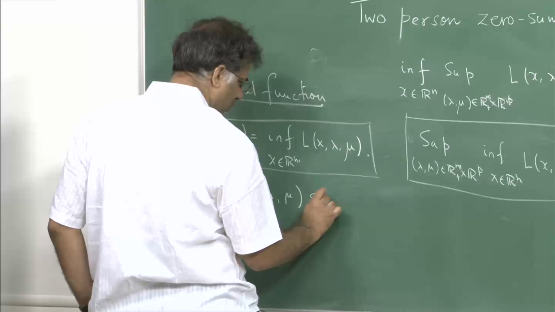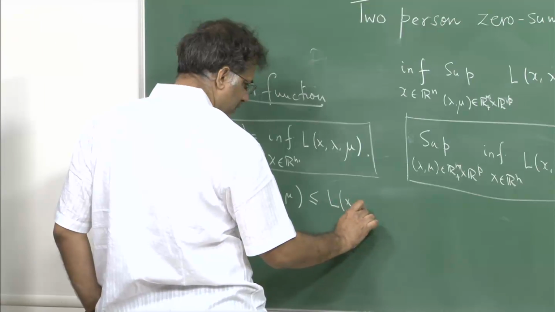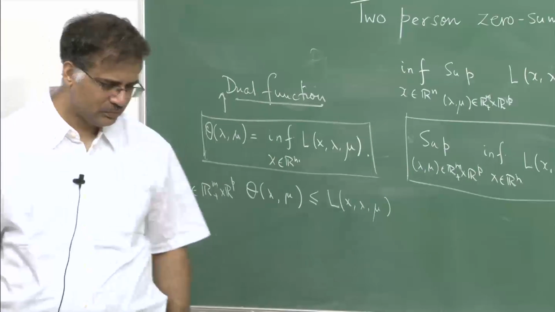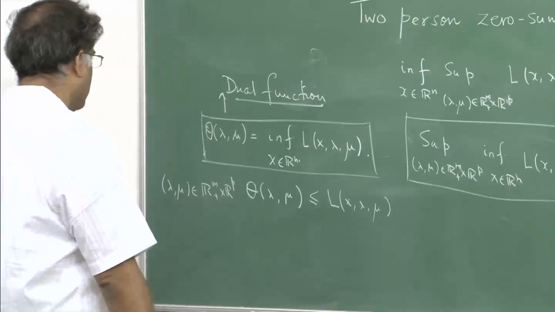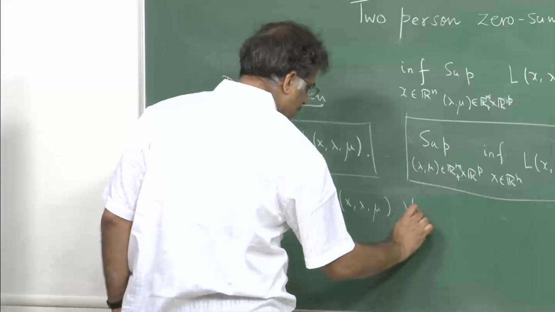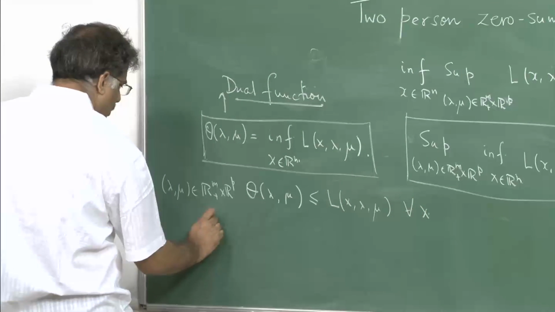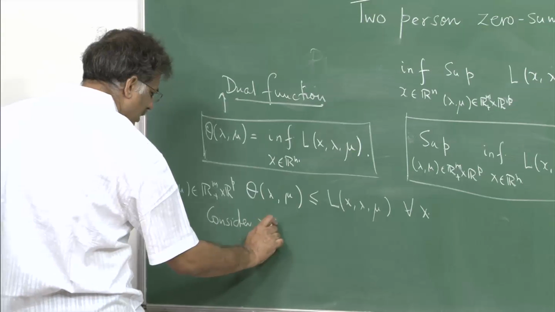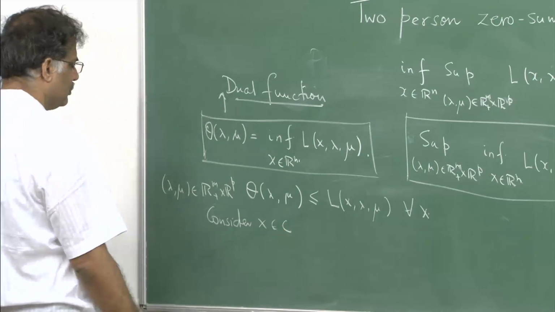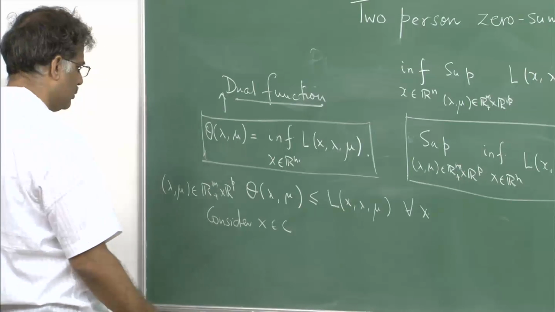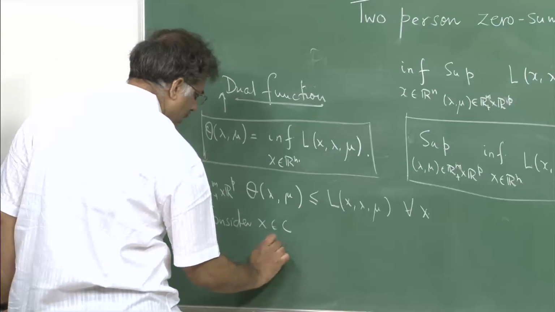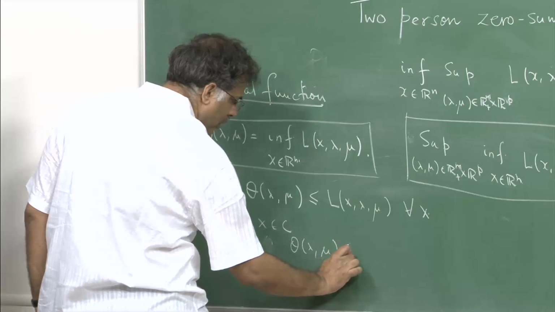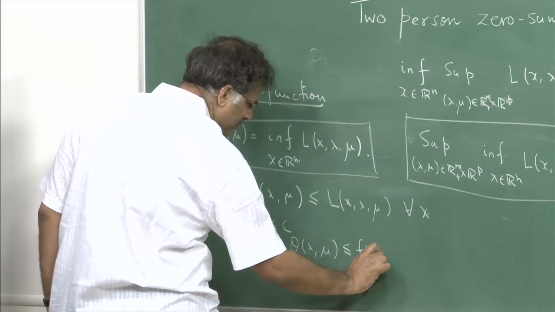By definition, for whatever x you take, this is, now suppose this is true for all x. Consider any x in C. Then theta lambda mu is less than or equal to f x.